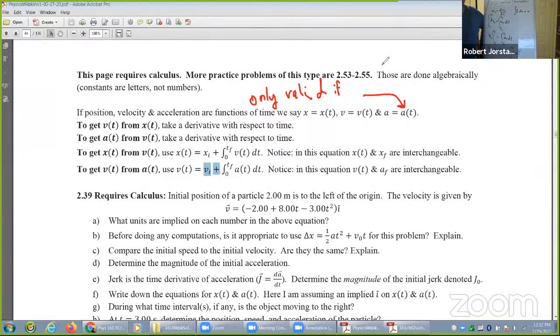Okay? Only valid if acceleration is a function of time. All right. Questions on that? Hopefully you've seen a little bit of this in your calculus class at some point. Let's try this out.